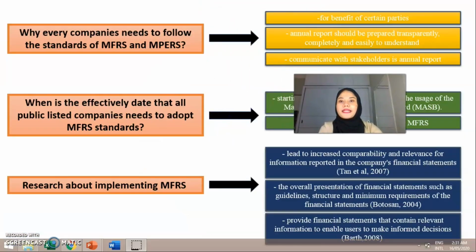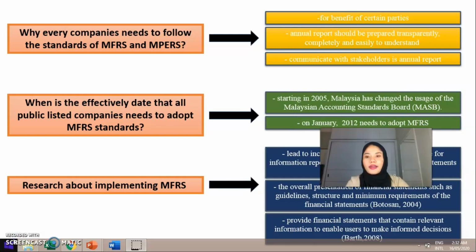Why does every company need to follow the standards? First, for the benefit of certain parties, such as stakeholders, shareholders, educators, financial analysts, and others. Second, the annual report should be prepared transparently, completely, and easy to understand by whoever needs it. Third, the annual report is a medium of communication between stakeholders and the company.